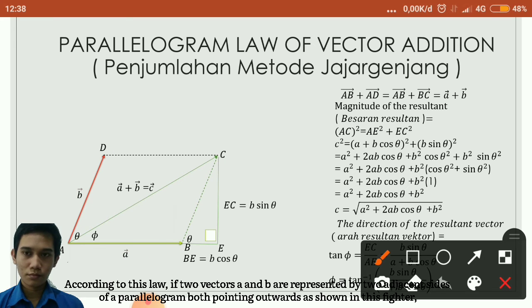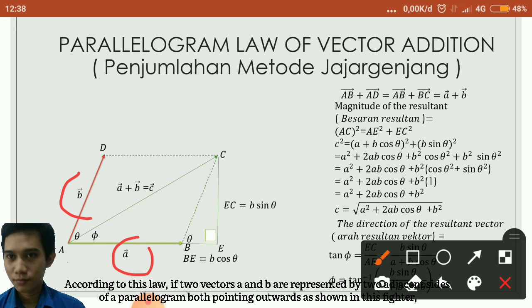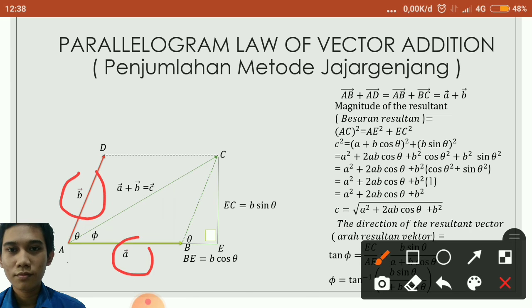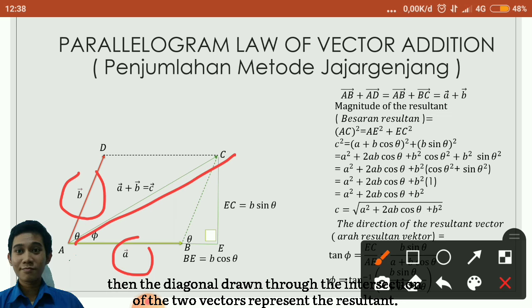According to this law, if two vectors A and B are represented by two adjacent sides of a parallelogram, both pointing outwards as shown in this figure, then the diagonal drawn through the intersection of the two vectors represents the resultant.